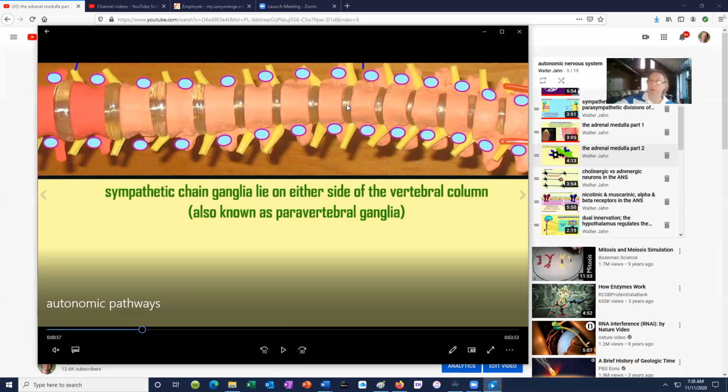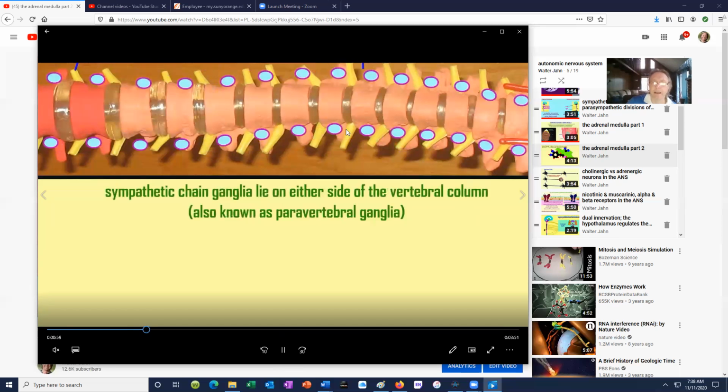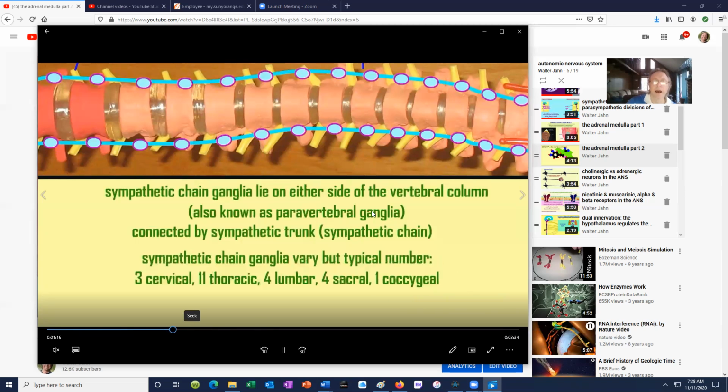If you want to call them paravertebral ganglia, you could as well. They're united by short nerves called sympathetic trunks or sympathetic chains, so that they are all connected. So it looks like a chain of beads on either side of the spinal cord. They can vary a bit in number. Here are the typical numbers here.